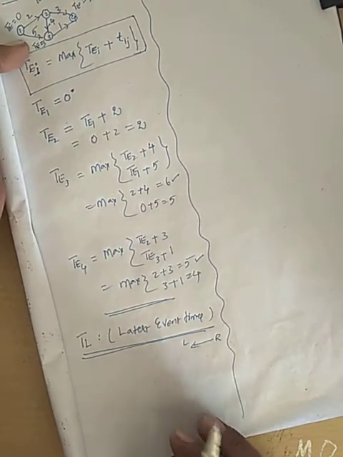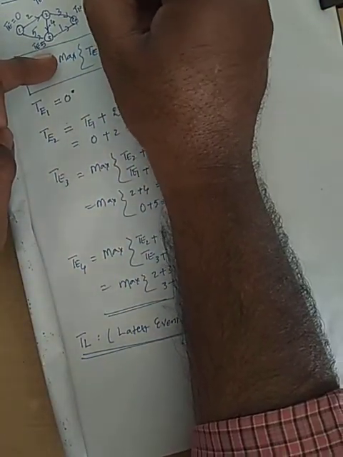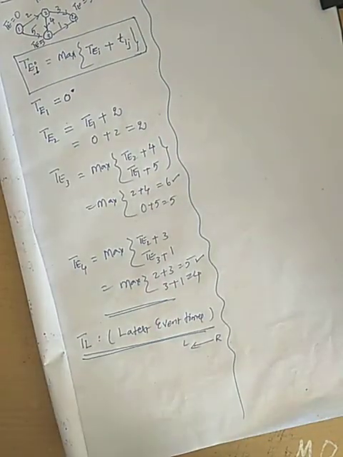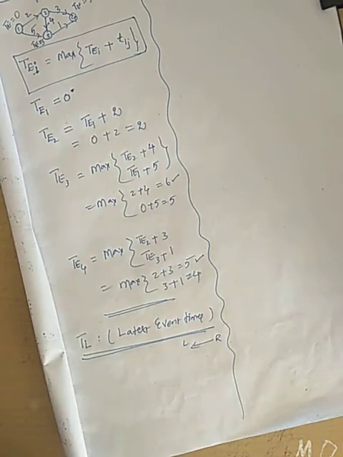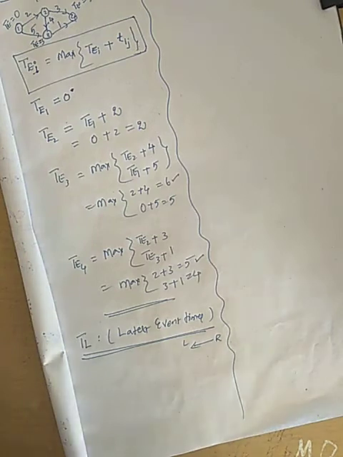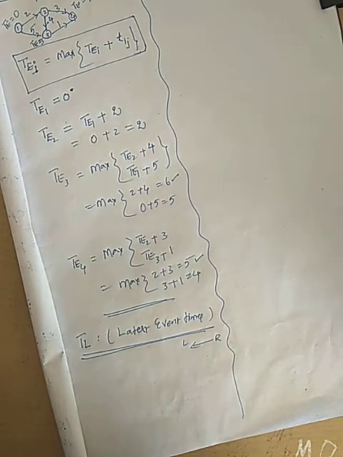Now the forward pass rule means what? From left to right, that means from beginning event to end event. So please remember, TL means end event to beginning event. TE means from beginning event to end event.